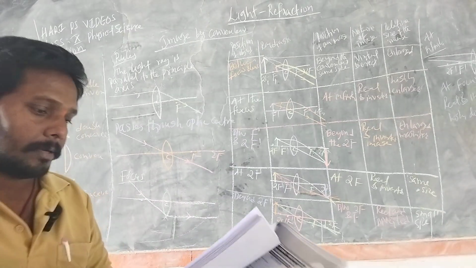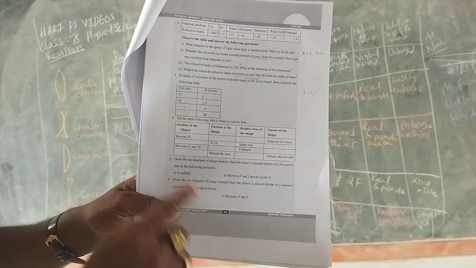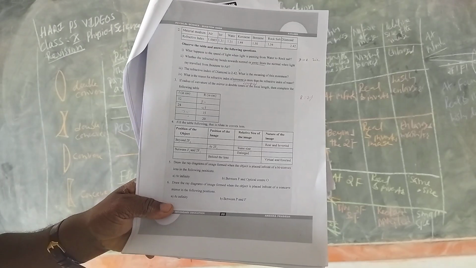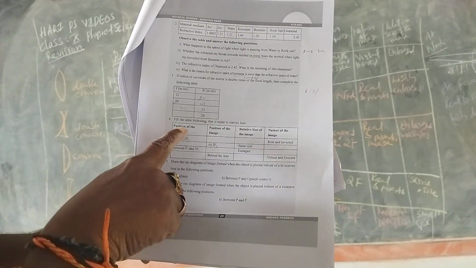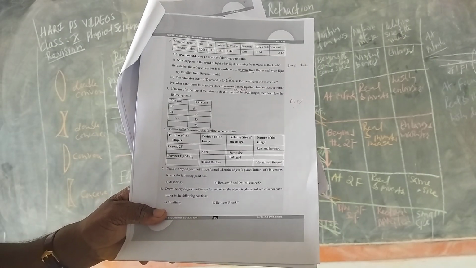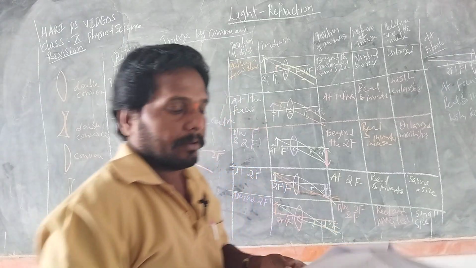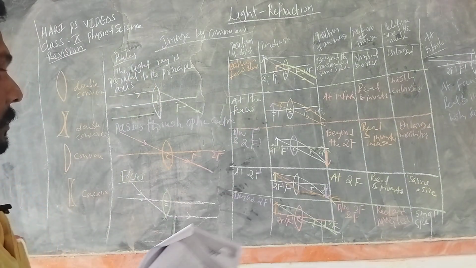Since the tabular form is given, let us observe the fourth one: fill the following table related to convex lens. Position of the object behind 2f1, where the image is formed between 2f2 and f2.